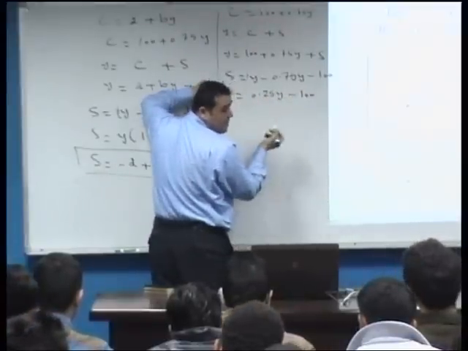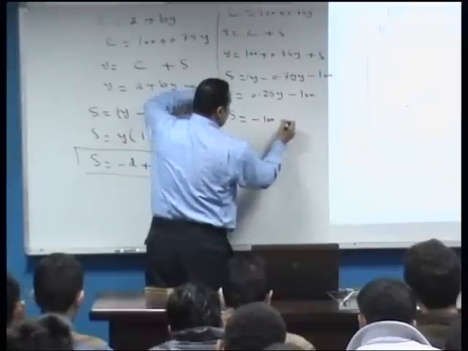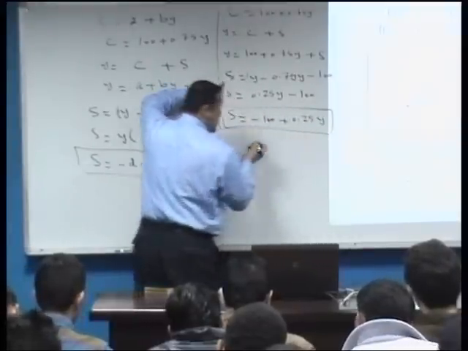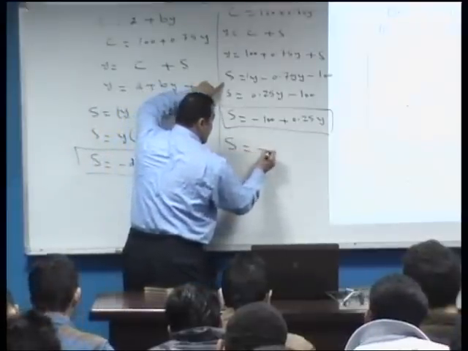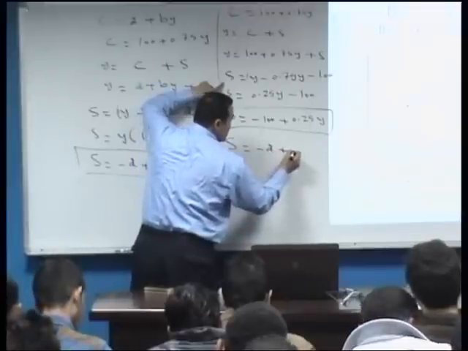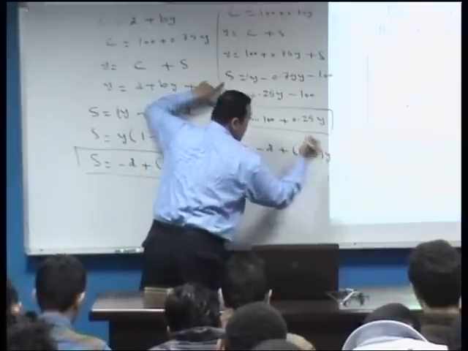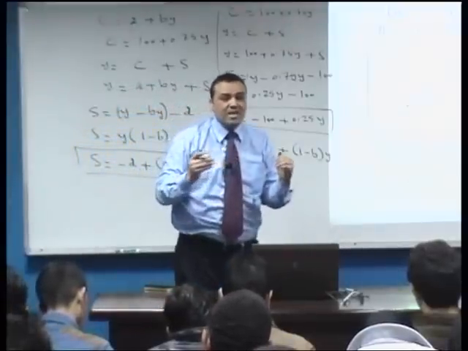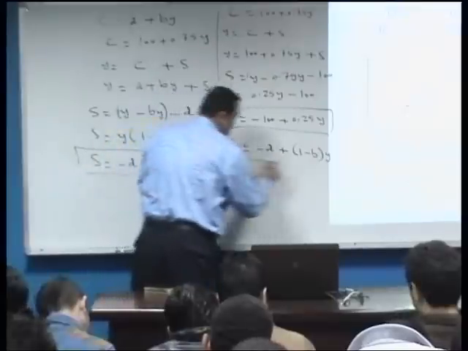Let's organize it: S equals minus 100 plus 0.25Y. Or in general, saving equals minus A plus (1 minus B) times Y.